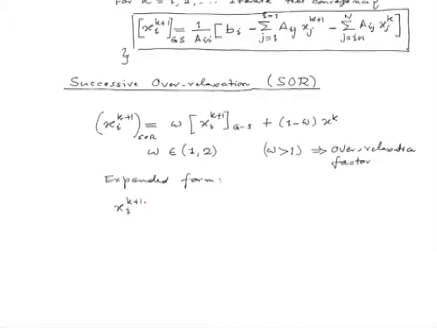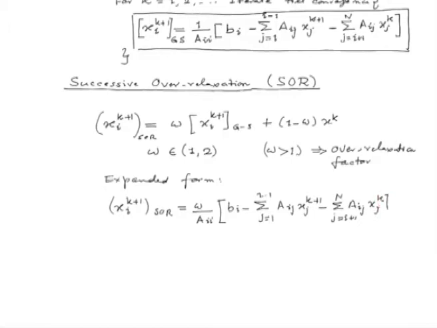That x_i^(k+1) SOR is equal to omega divided by a_ii within brackets b_i minus sigma j equal to 1 to i minus 1 a_ij x_j^(k+1) minus sigma j equal to i plus 1 to n a_ij x_j^k, plus (1 minus omega) times x_i^k.